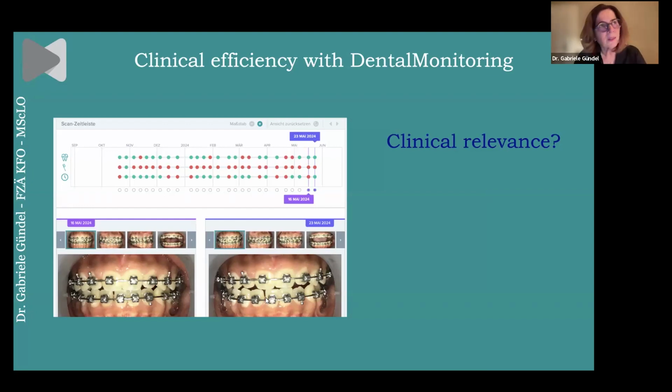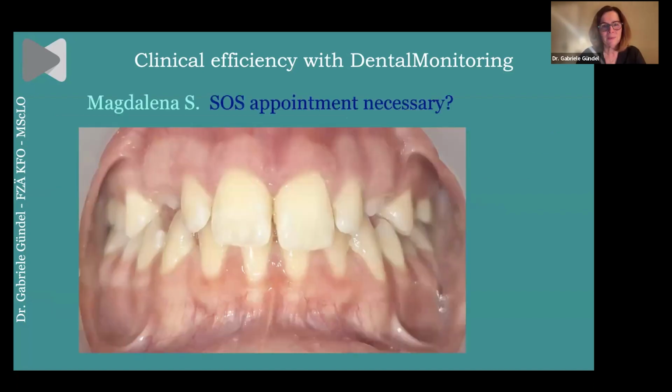My clinical relevance is, again, hey, patient, please come in our office, make an appointment. We need to make a little auxiliary just to close your space so that your treatment progress is fine.